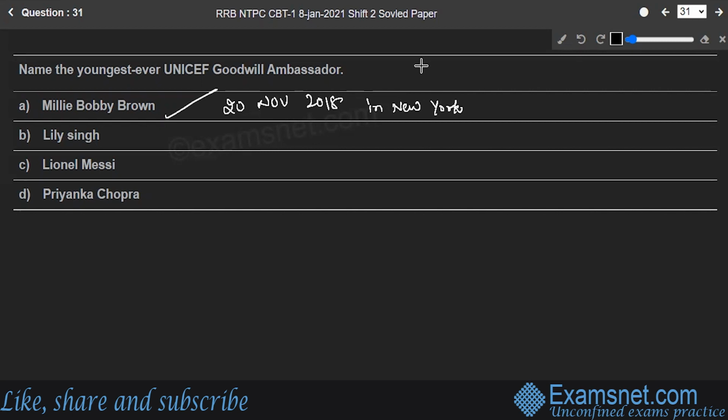The British star will use her global platform to help raise awareness on children's rights and issues affecting youth, such as lack of education, safe places to play and learn, and the impact of violence, bullying, and poverty. Millie Bobby Brown was born in Marbella, Spain on 19 Feb 2004.